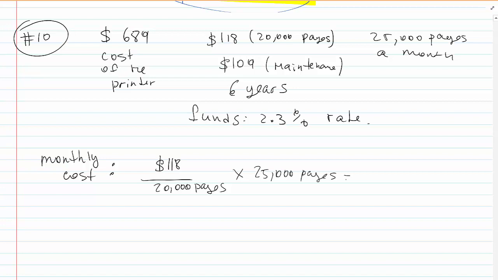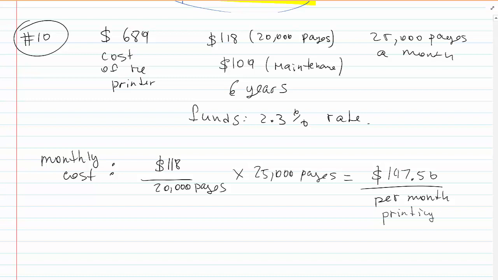Okay? So that's the cost of the cartridge per month. The idea is that we continuously replenish the cartridges. So let's do the calculation. So that will be $147.50 per month. That's for printing.